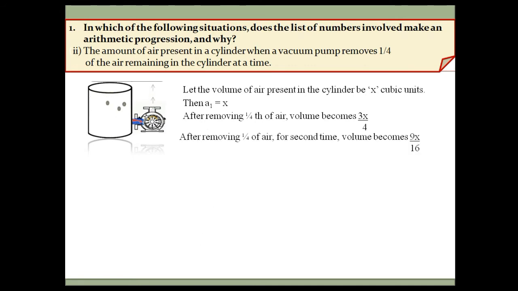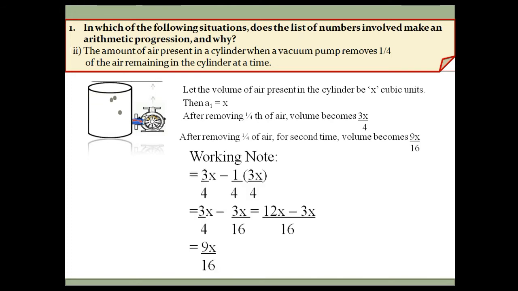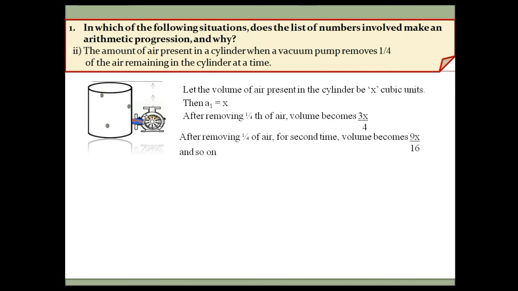After removing 1/4 of air for the second time, the volume becomes 9x divided by 16, and so on. Therefore, first term equals x, second term equals 3x divided by 4, third term equals 9x divided by 16, and so on.